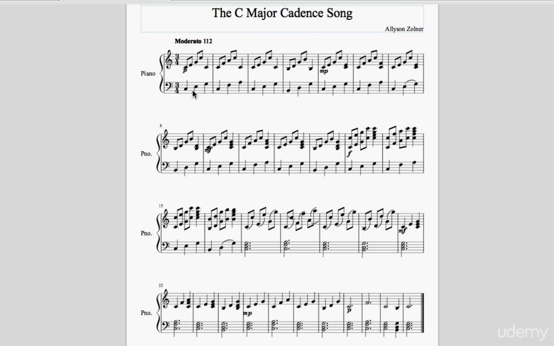And in this case, it does, because we have C, E, and G, right? And then another C in the bass line. It's all doing C, E, and G. And we know that in the key of C major, if we see C, E, and G, that is the one chord, right? And it's going to be capital because it's going to be major. So here we have a one chord.